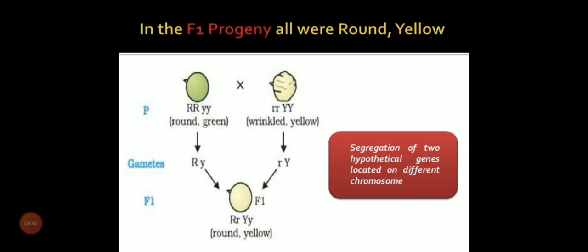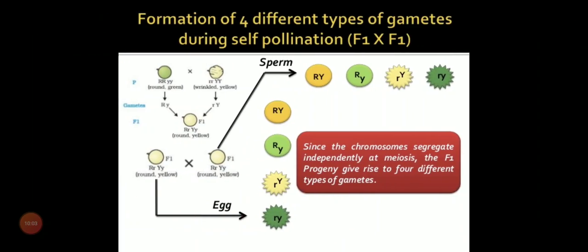About segregation we will read in the next topic, because there are two laws related to Mendel's experiment and one is about segregation. We will read that in detail. Till now just keep in mind that by crossing seeds with two characteristics we are getting one allele of all the characteristics that were taken into consideration.